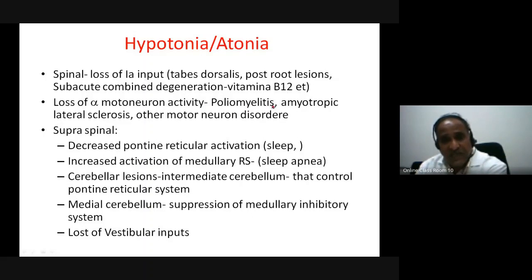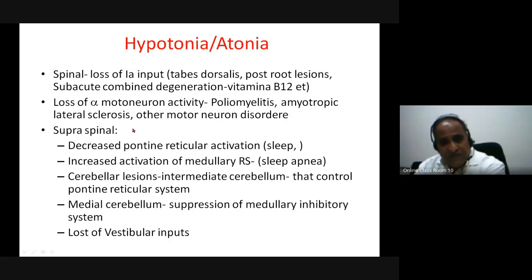Poliomyelitis destroys the alpha motor neurons, or amyotrophic lateral sclerosis will also destroy the motor neurons, or the other motor neuron disorders. They all decrease the alpha motor neuron activity and produce atonia.